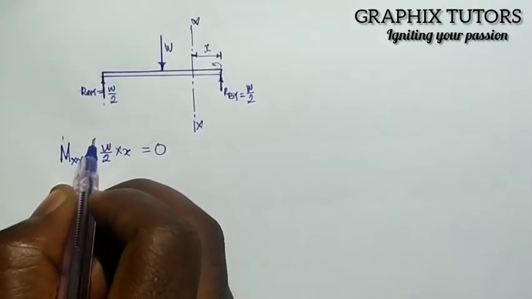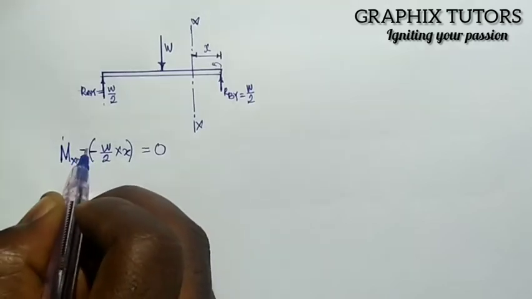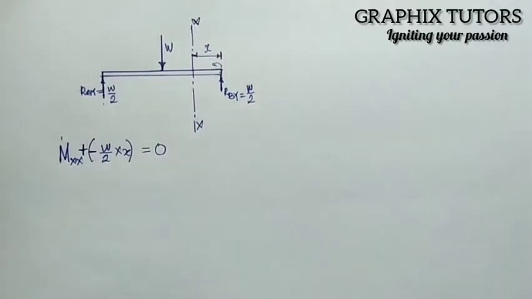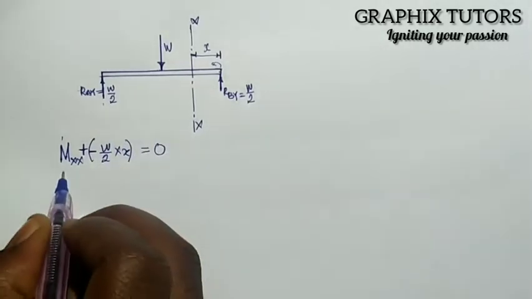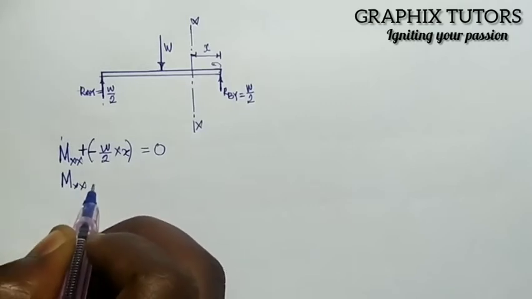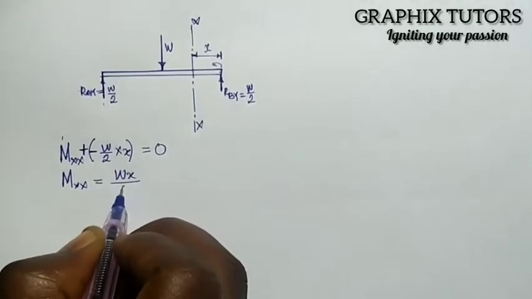Let me put it this way, M_XX minus W over 2 X equals 0. So if I take this here, my moment about section XX will be equal to WX all over 2.